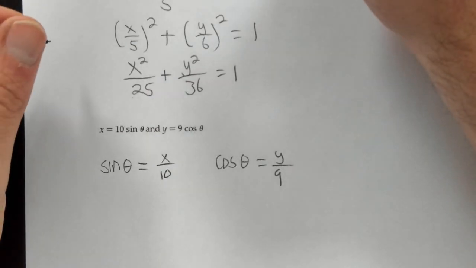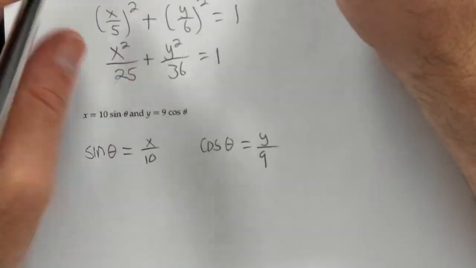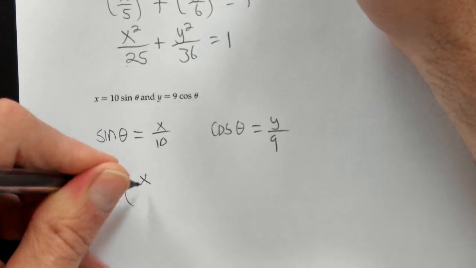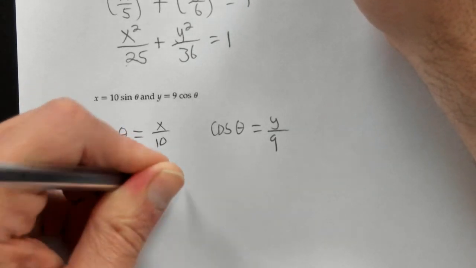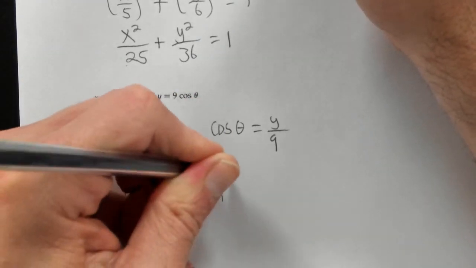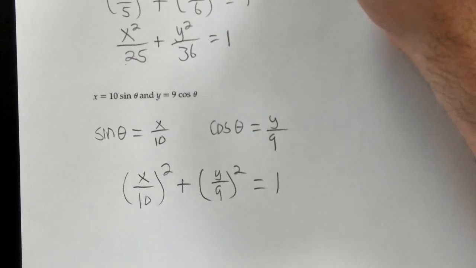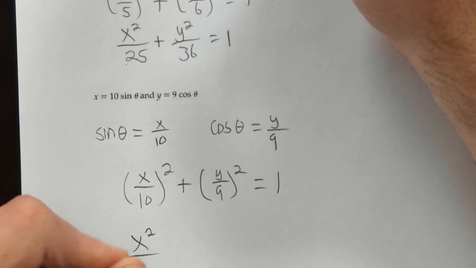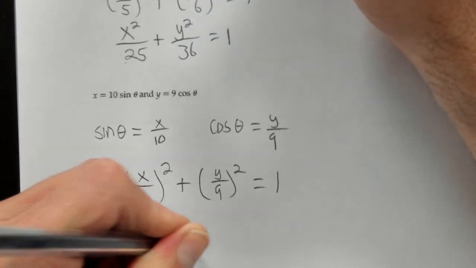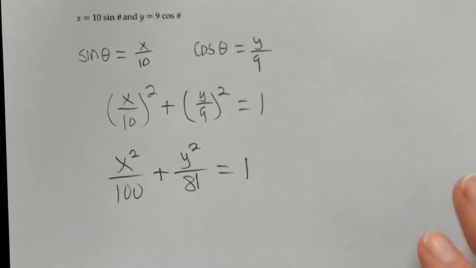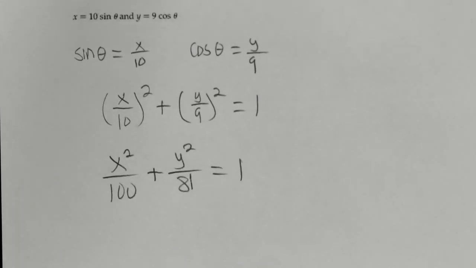I can take these now and plug them in, and it would look like this: x over 10 squared plus y over 9 squared equals 1. Squaring it out, we get x squared over 100 plus y squared over 81 equals 1. And that's how we can eliminate an angular parameter.